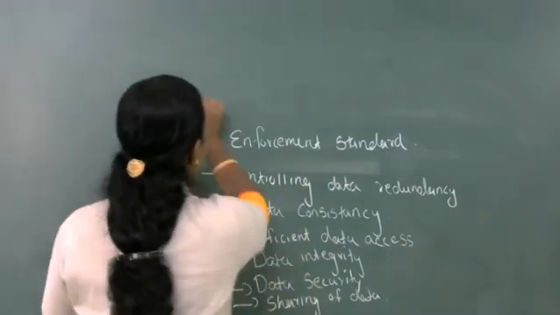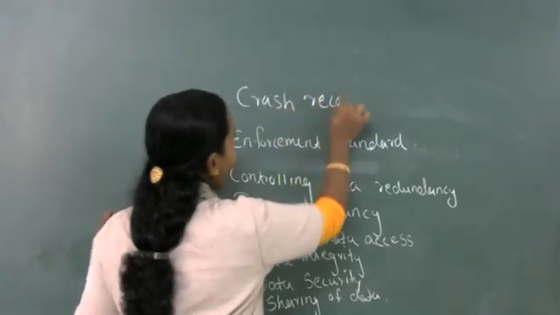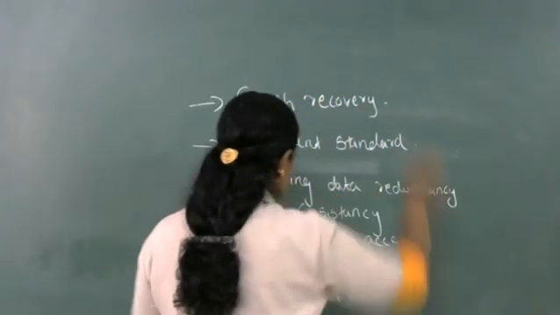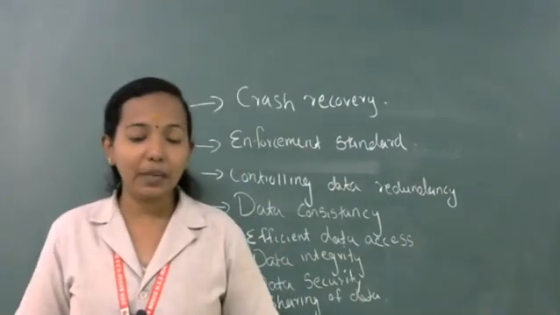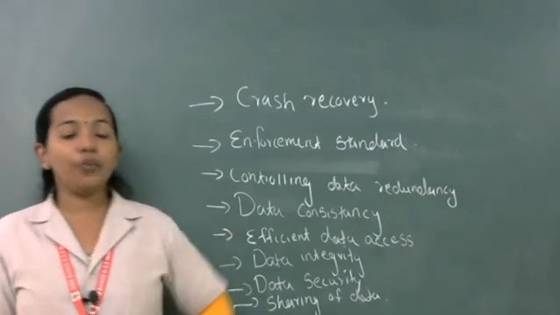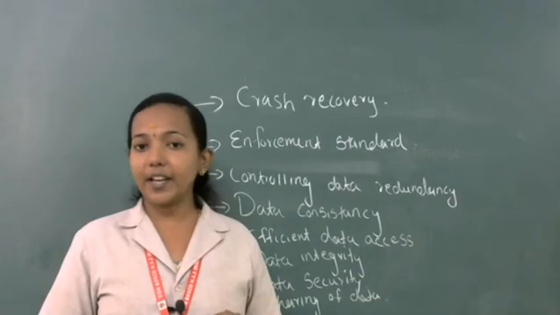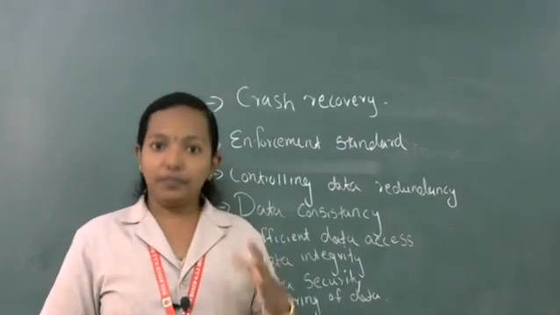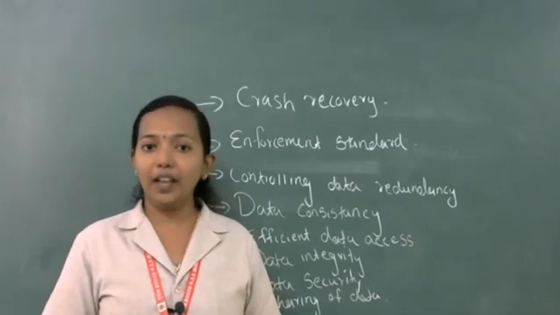Then the last one is crash recovery. Crash recovery means the DBMS maintains a log file. In that log file all the transaction details will be there. If the database is crashed, then we can recover that log file from the database.